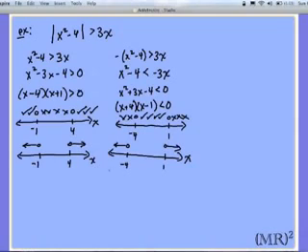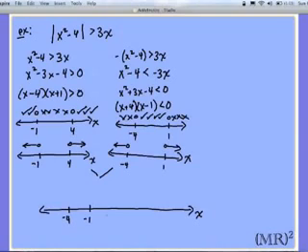So now what I'm going to do is fuse the two number lines together. And my critical values here were a negative 4, a negative 1, a 1, and a 4.